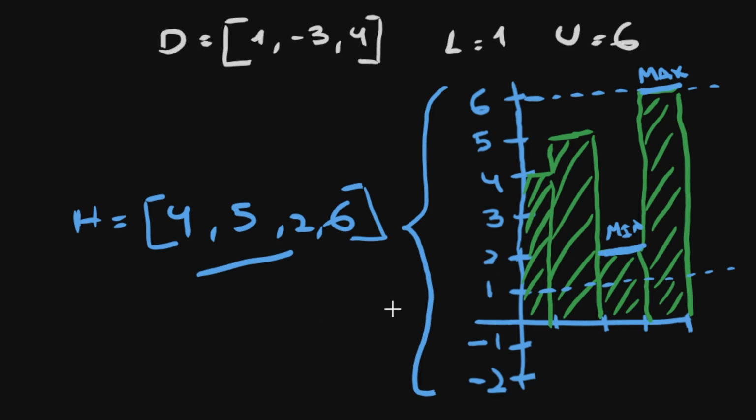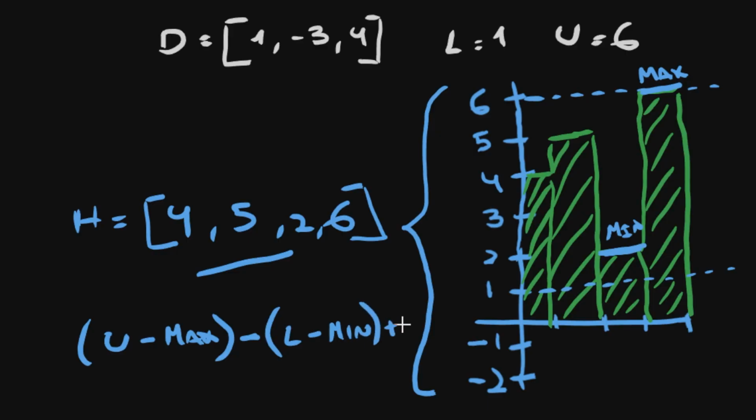And that's why for the result we only need a small formula, which is upper minus the maximum value, minus lower minus the minimum value, plus 1. So we just need to get the difference between upper bound and the maximum, and the difference between lower bound and the minimum, which is 1 in this case.